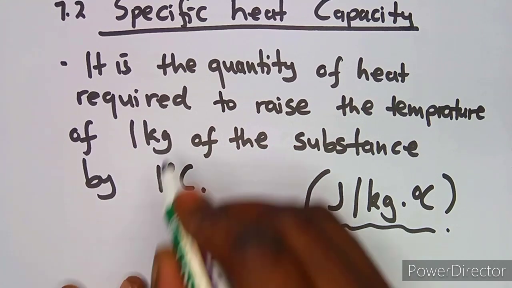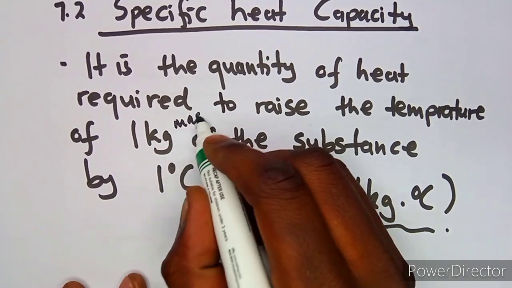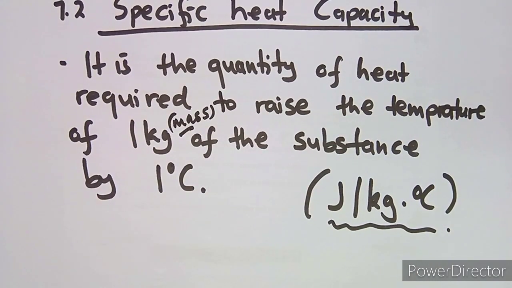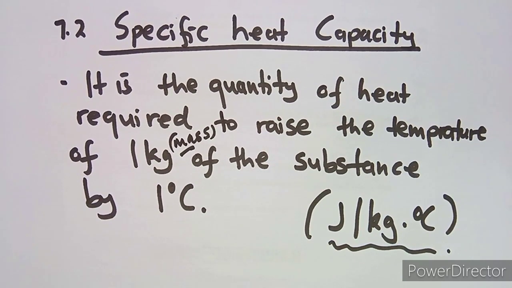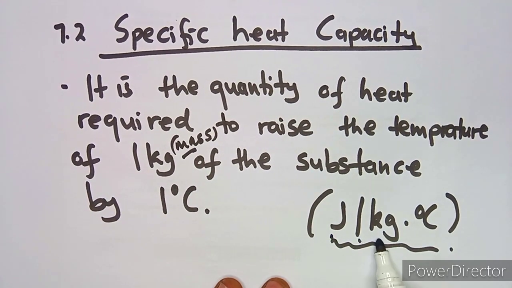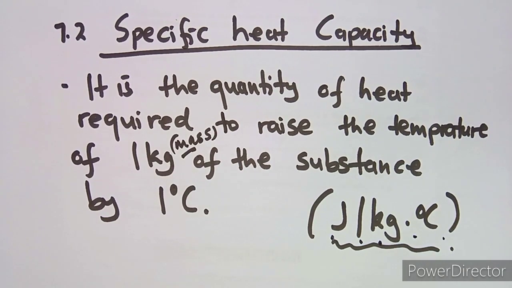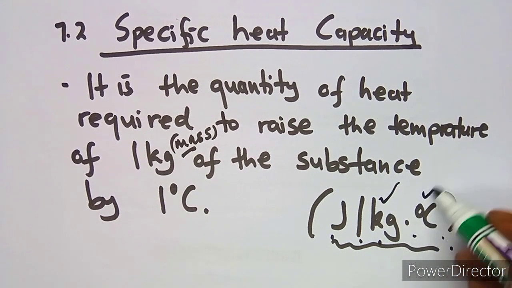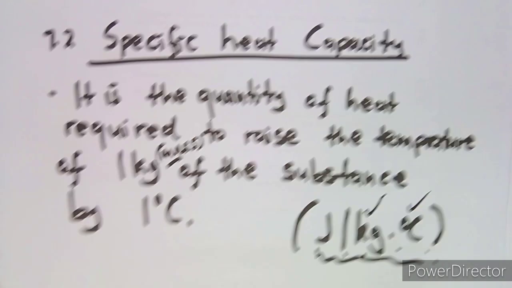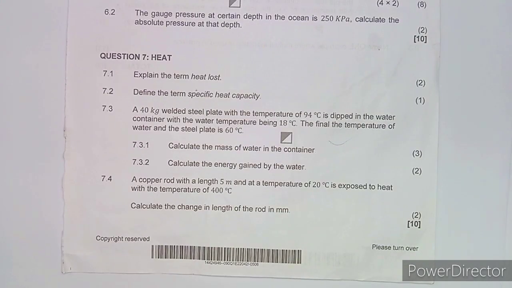The 1 kg is the mass of the given substance, and we are increasing the temperature by 1 degree Celsius, which is why the specific heat capacity is given as joules per kg degree Celsius. So we are talking about mass and a temperature change of 1 degree Celsius. That was the concept on 7.2.